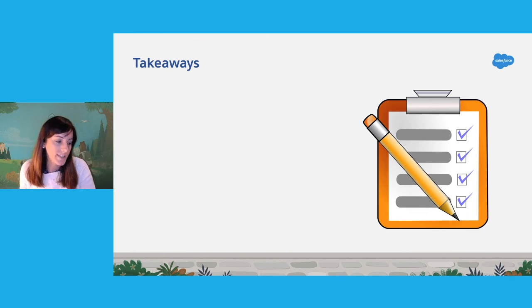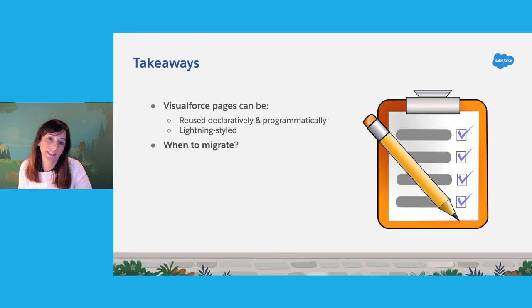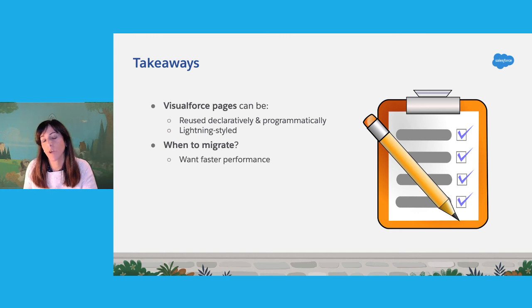So some takeaways from this presentation is that, well, bear in mind that Visualforce pages can be reused in Lightning Experience declaratively and programmatically, and can be Lightning styled, but you can consider doing a migration, and this is especially interesting when you want to have faster performance, because Lightning Web Components is completely based on a standard, is leveraging all the browser native capabilities, and all the rendering is done client side, so it's going to be much faster than a Visualforce page.